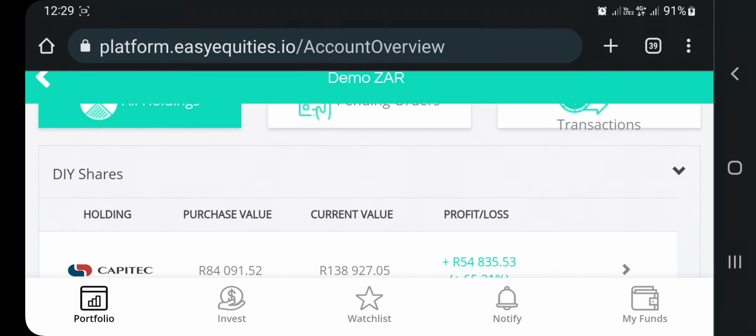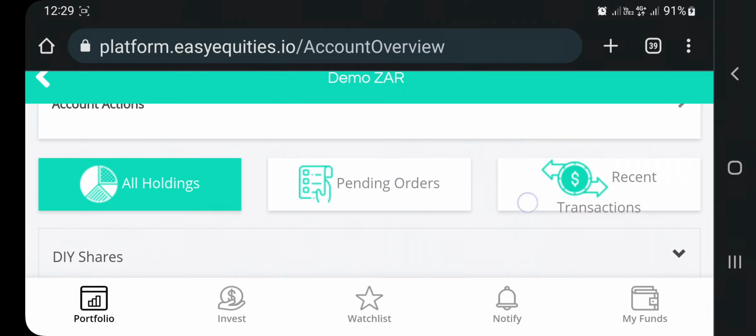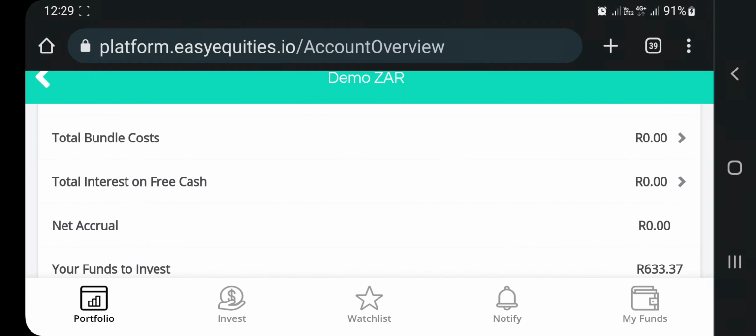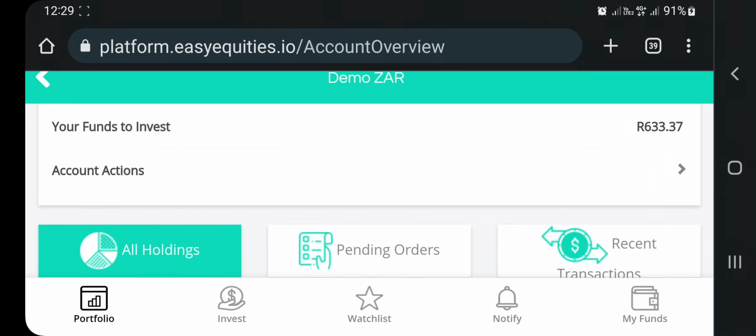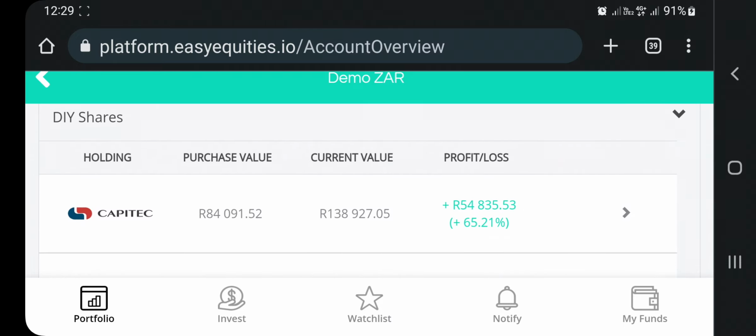Now let's say you want to see everything. You want to see the shares you bought and the performance of each company. Let's say you already bought, just as I did here, already bought Capitec.